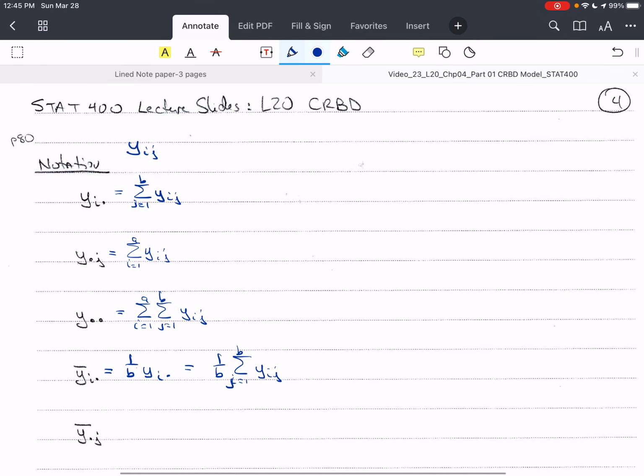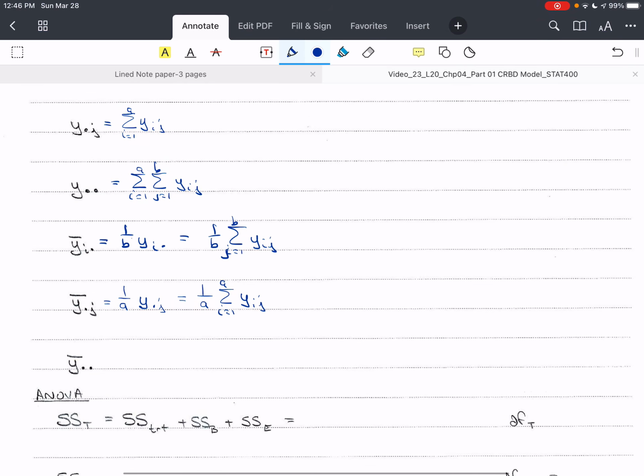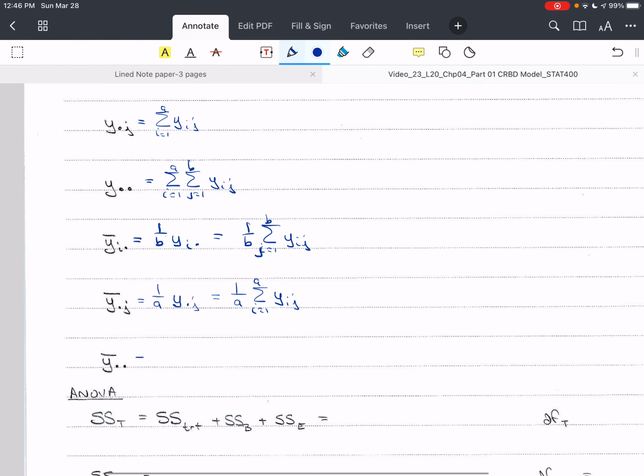And then y dot j bar is 1 over a times the sum from i equals 1 to a of yij. And then y dot dot bar, we have 1 over a times b, or n, times the sum over both yij from i equals 1 to a and j equals 1 to b.